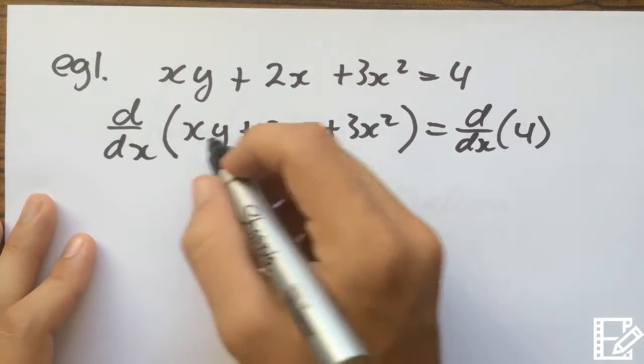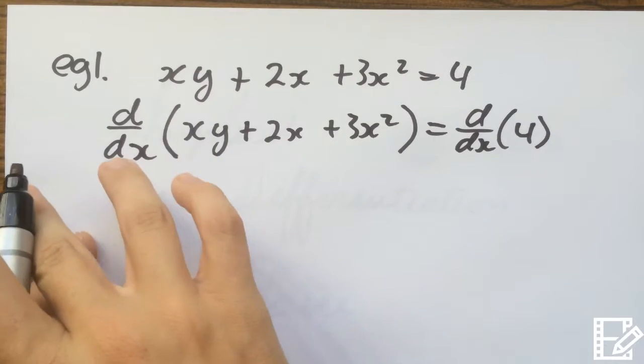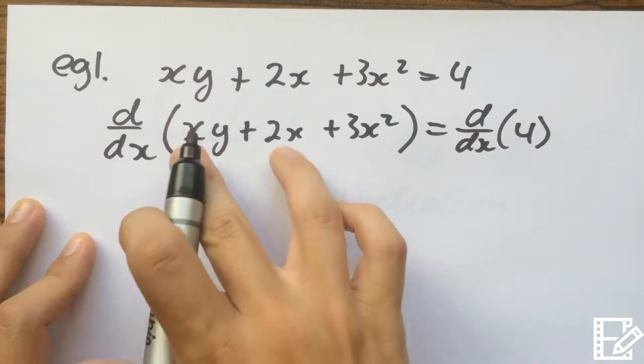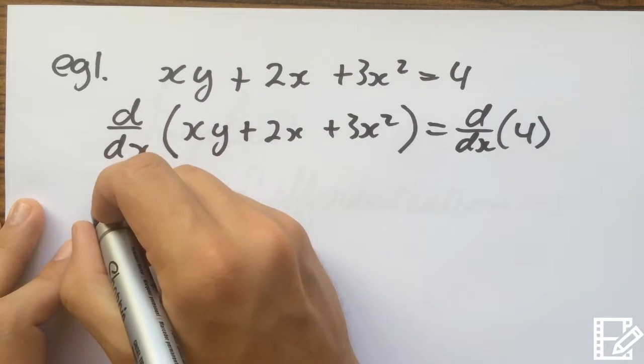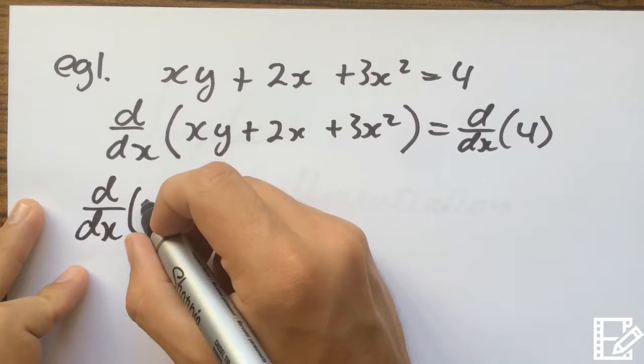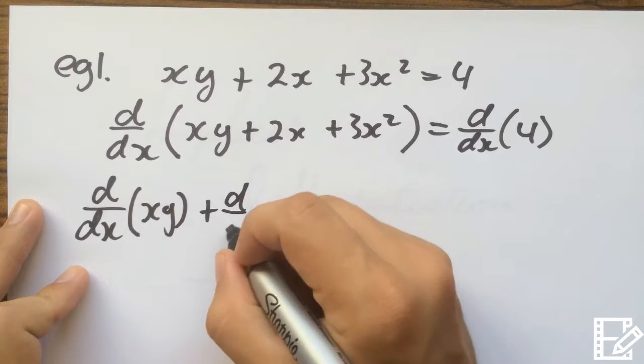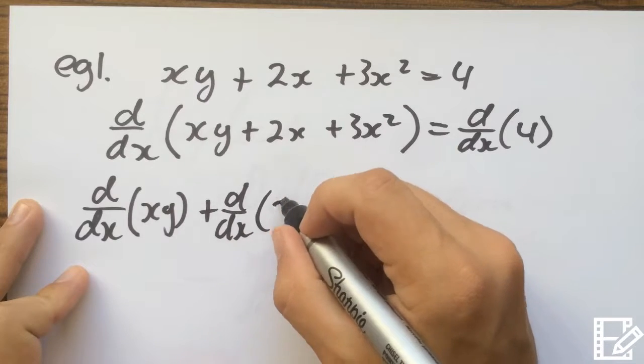Okay. Now we've done that. We've labeled that we're finding the derivative. Now we're going to put the derivative on each one of these separately. Now usually when you do derivatives, you do this unknowingly.